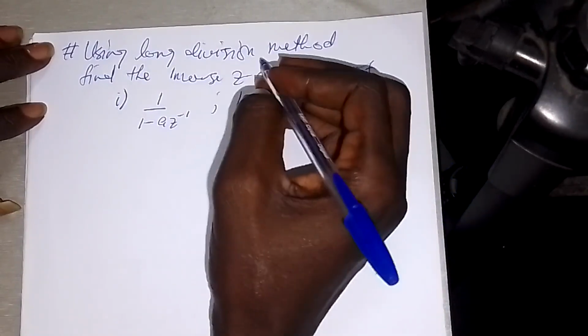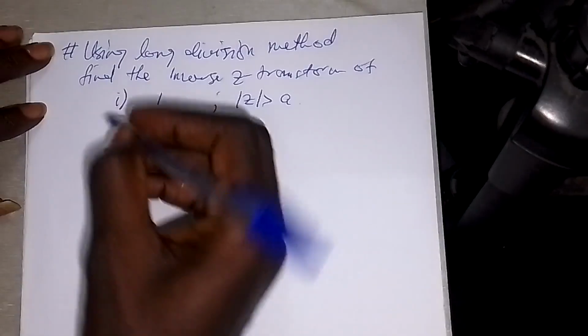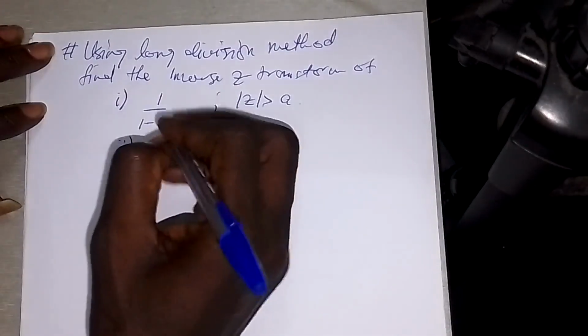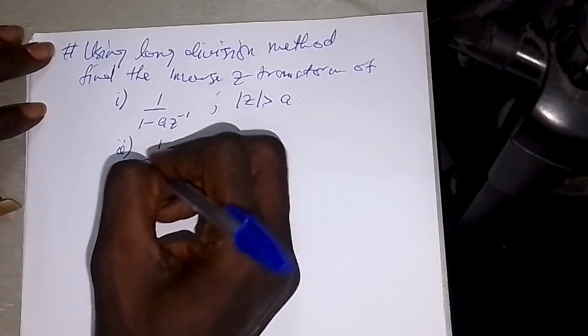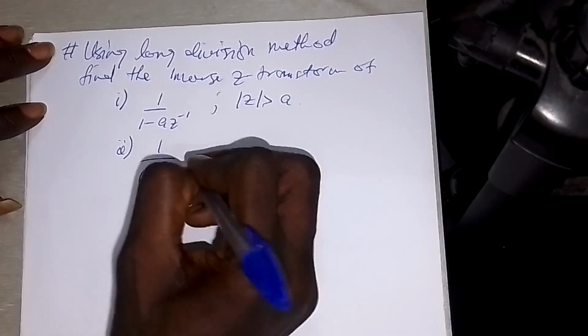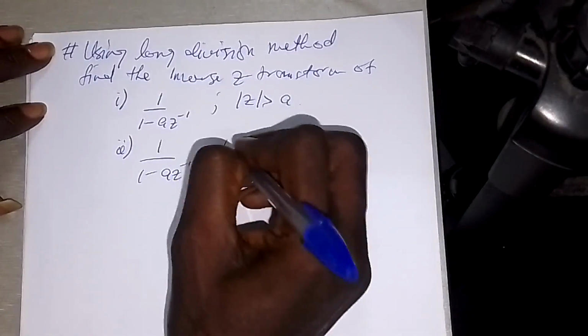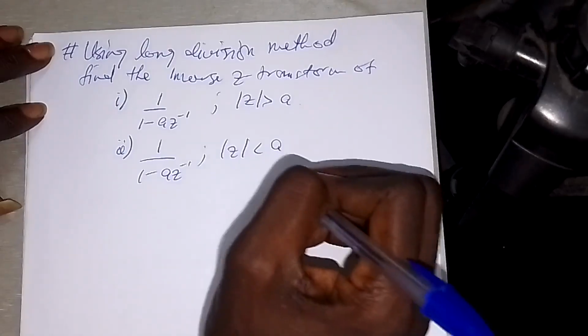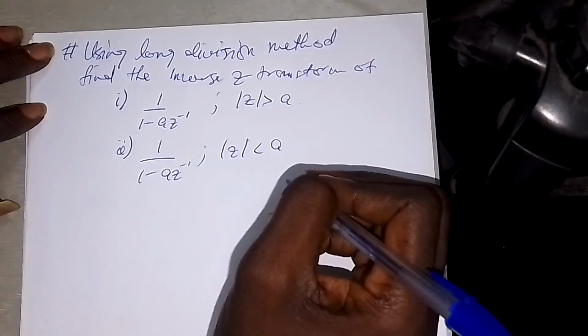Then we have II, 1 over 1 minus a z to the minus 1, where here we have mod z less than a.